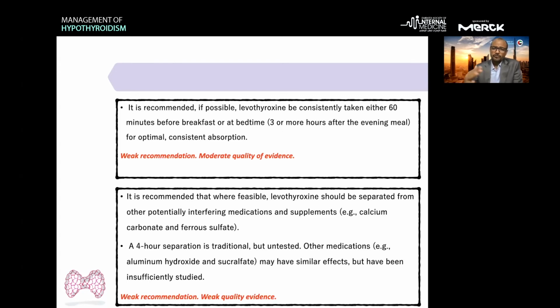Usually you need around 4 to 5 hours. If you take the thyroxine in the morning, you give calcium or iron supplements probably 5 hours after that.